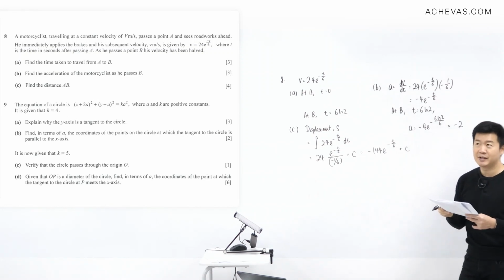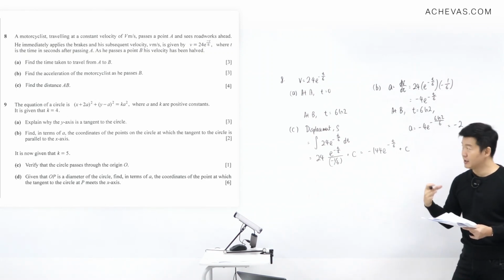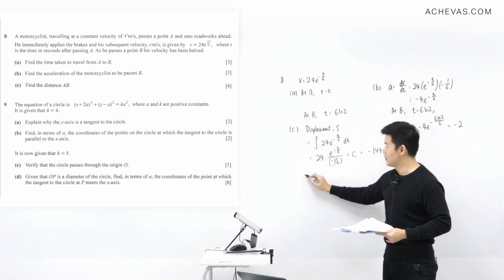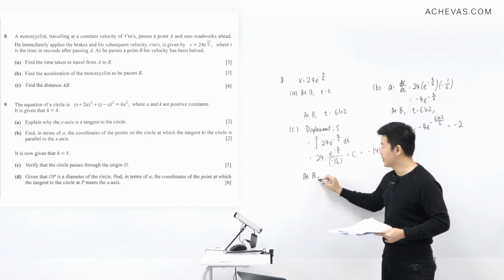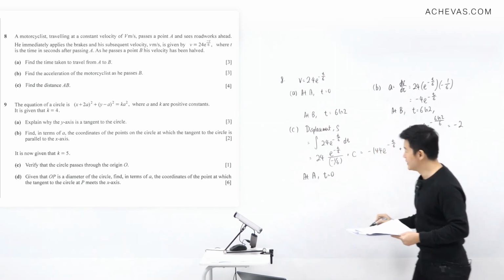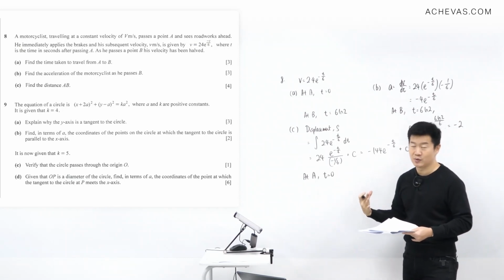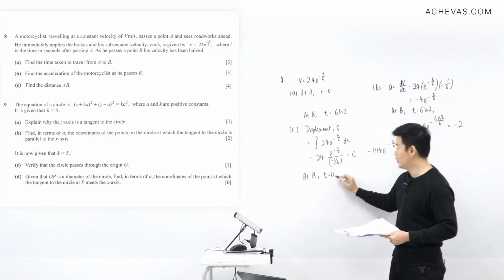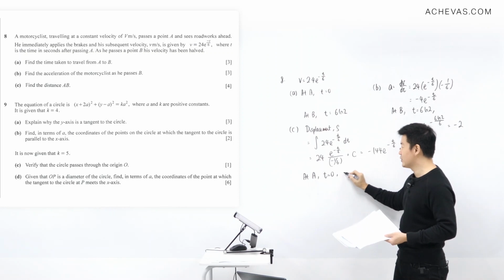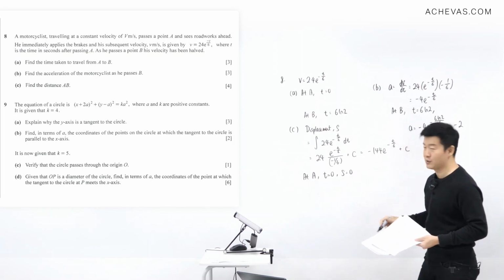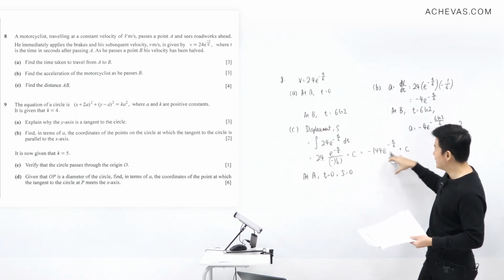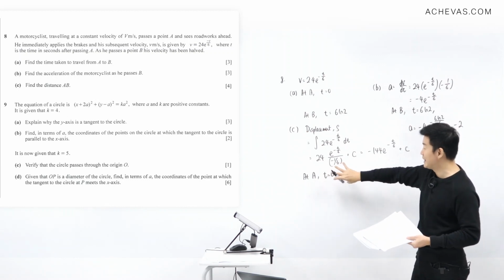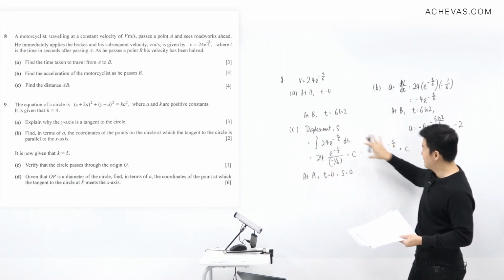So for the displacement, it is going to be A to B, right? So at A, t is equal to 0, and the displacement is 0 because there's no movement yet. So at A, t is equal to 0, s is equal to 0. Let this satisfy s equal to this.